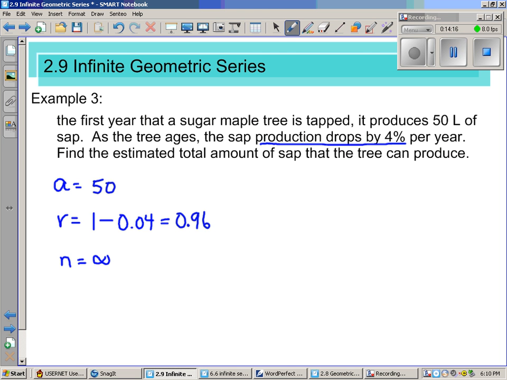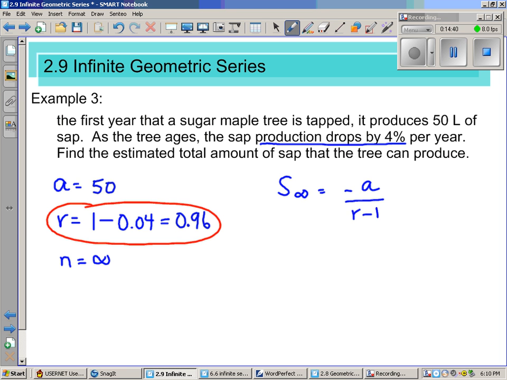How much sap can this tree produce? Well, we need to look at our ratio. Is the ratio less than 1 or is it greater than 1? It's less than 1. If it's less than 1, then we're going to use our formula. So our formula, negative a over r minus 1.